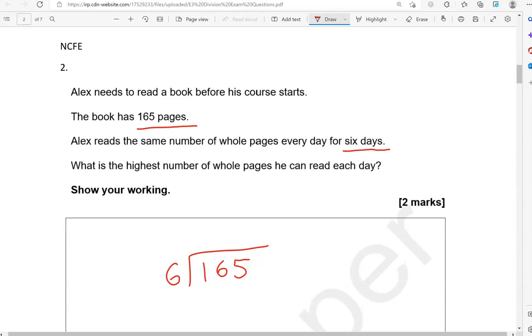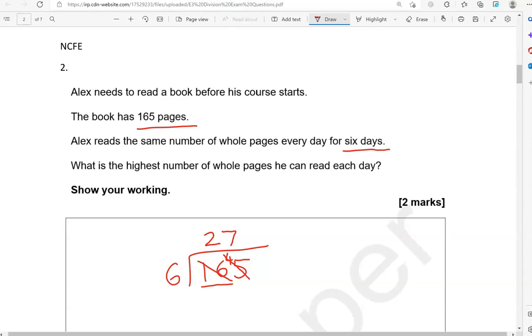We can't fit 6 into 1, so we're going to look at 16. How many 6s fit into 16? That is 2. 2 lots of 6 is 12. So we have 4 remaining. How many 6s fit into 45? That is 7, because 7 lots of 6 is 42.